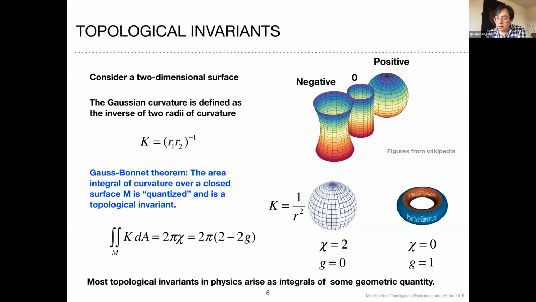So here, it provides a method to calculate the topological invariant by using some local geometric quantity. Actually, most of the topological invariants in physics also arise from the integrals of some geometric quantities.